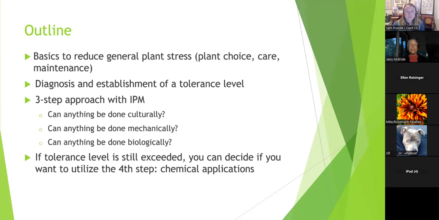So what we're going to learn today, the basics to reduce general plant stress. And we're going to start there because pests attack plants that are under stress. If they're in a drought situation, I'm talking like forests and things like that. We have now the emerald ash borer, and it's a horrible, horrible bug that has migrated across the United States, and now it's attacking all of the native Oregon ash and other ash species.